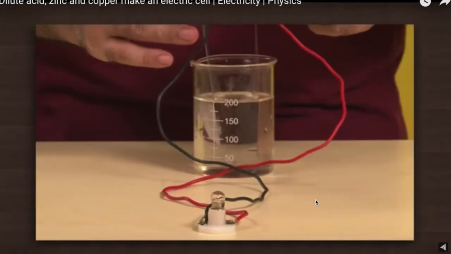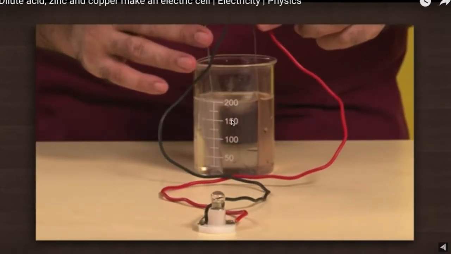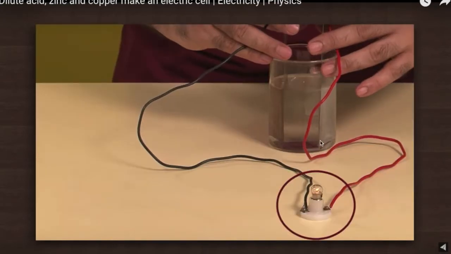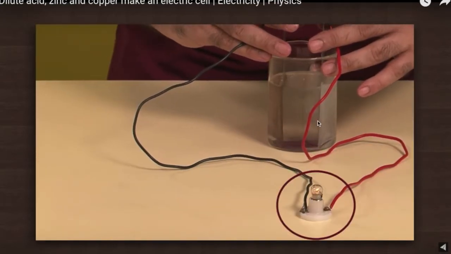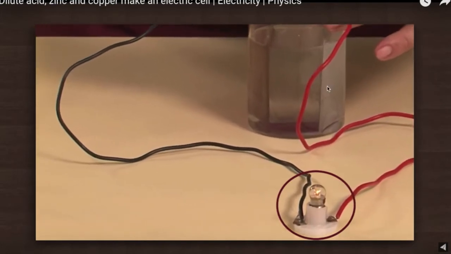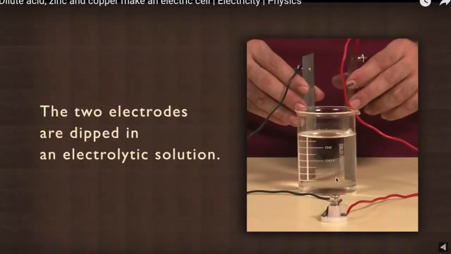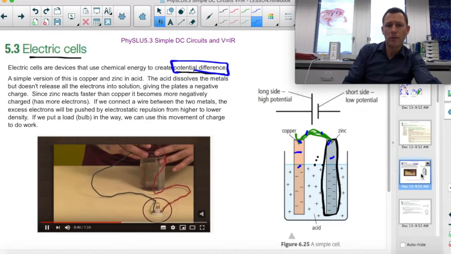And you can see this bulb light up as this dissolving occurs. Yeah? And so the bulb's lighting up. There's nothing in there except acid dissolving, leaving an imbalance of charge. And the imbalance of charge is walking it through the light bulb, and we're harnessing it to do something useful, like give light. So that's a simple battery, a cell.